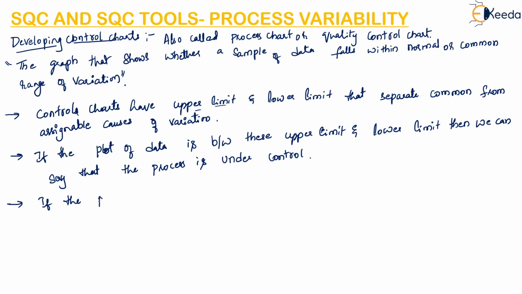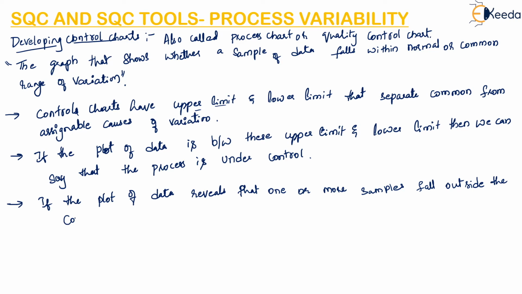If the plot of the data reveals that one or more samples fall outside the control limits, then we say that the process is out of control.